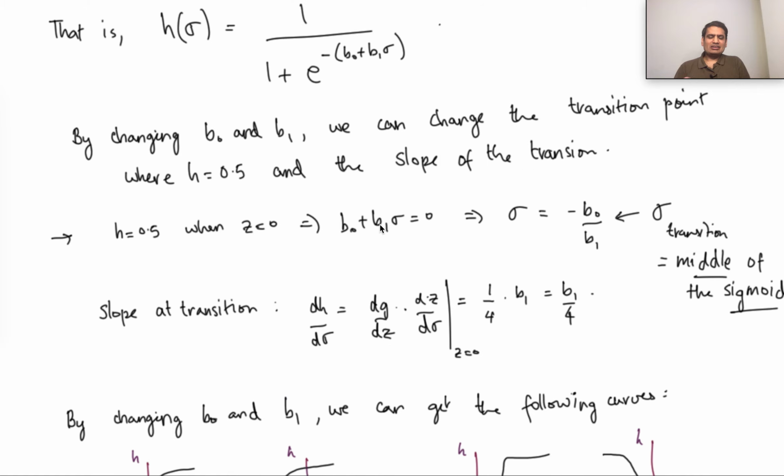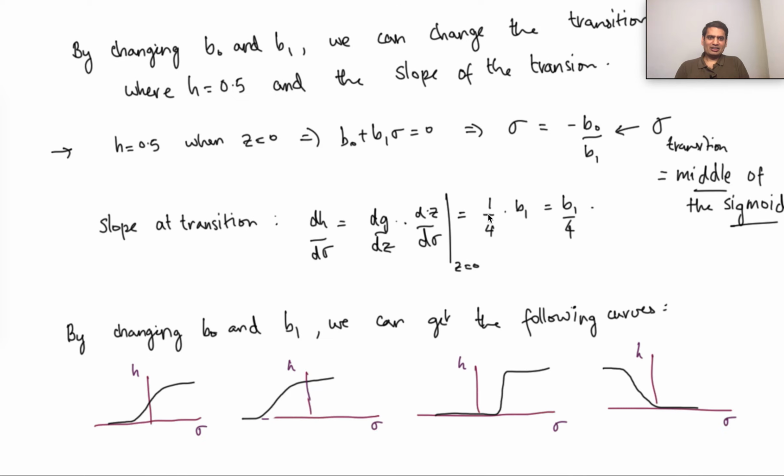So the slope of this linear expression affects the slope of the sigmoid at the center line.